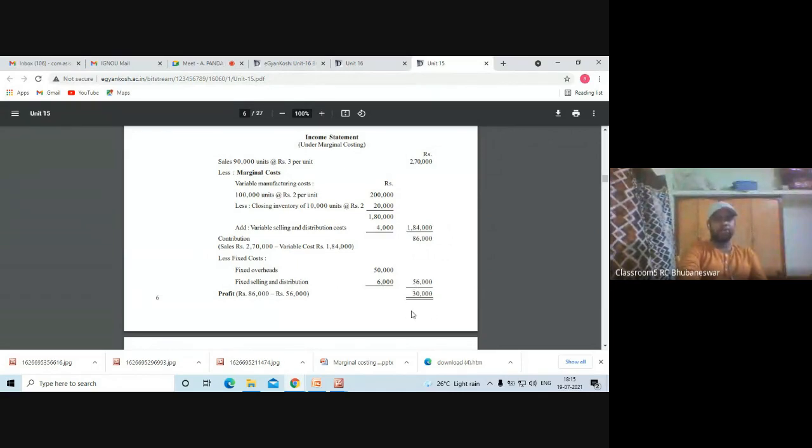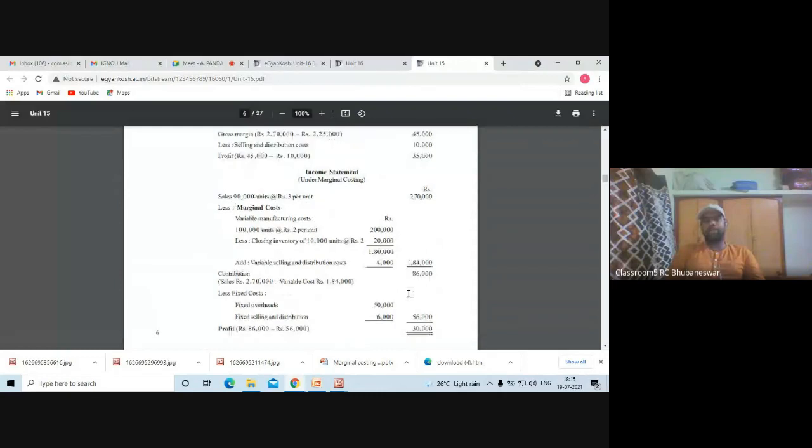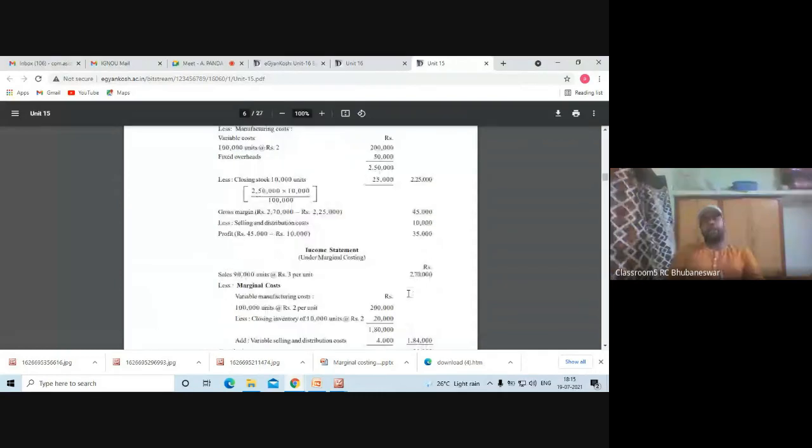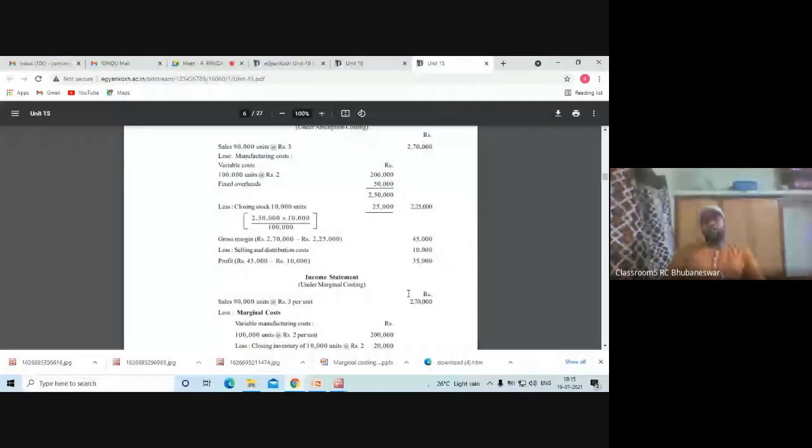So how much we have got? So 30,000. But in earlier case, how much we got? That is 35,000. Why such differences have arisen? So due to the valuation of closing stock. Under absorption costing, it is valued by including both fixed and variable cost.